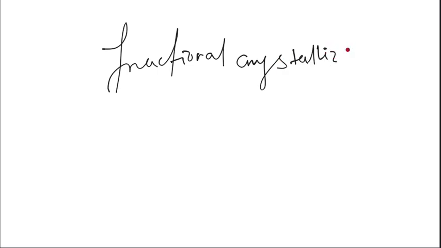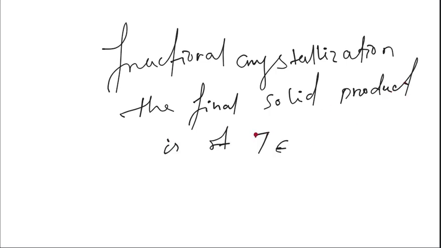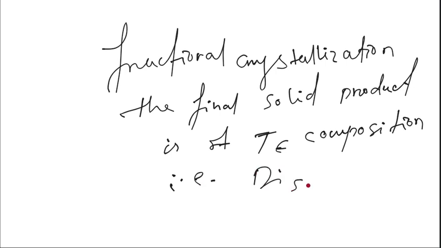So in case of fractional crystallization, the final solid product is of ternary eutectic composition, that is diopside 50, anorthite 43, and phosphorite 7.